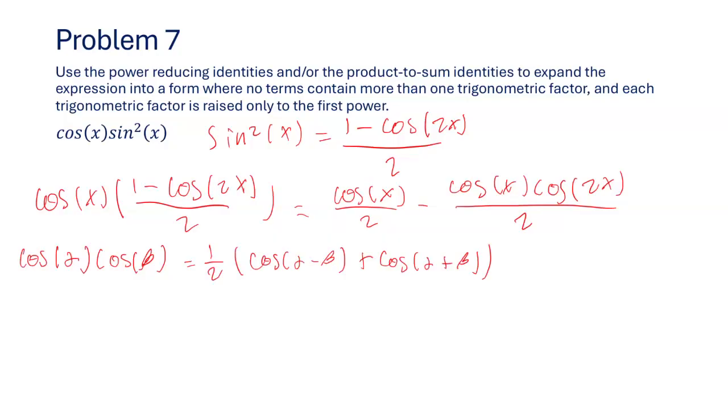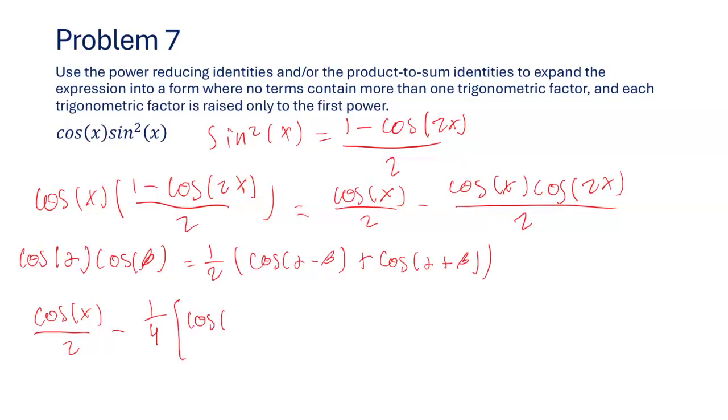Then if we plug that in right there, we end up with the expression of cosine of x over 2 minus 1/4 cosine of, I just got that 1/4 from the 1/2 times the 1/2 right there.